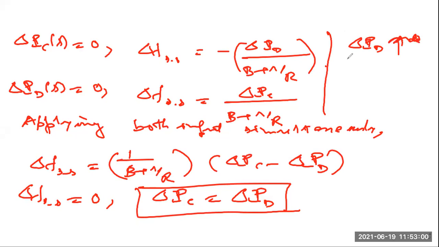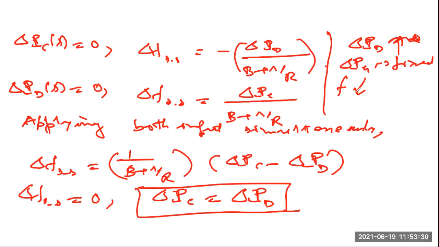Okay, but your generation is now fixed. So what will be the frequency? Will the frequency fall or rise? Frequency will fall because your generation is fixed, load is more. Load is more means the frequency will fall.